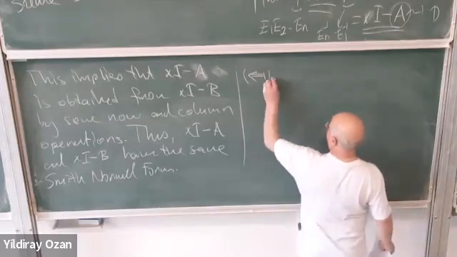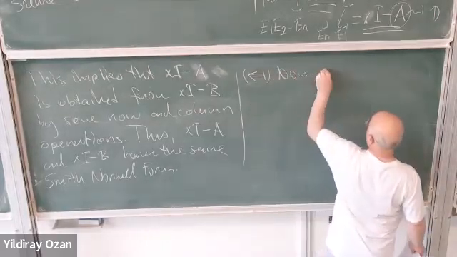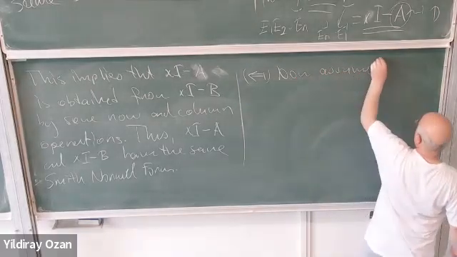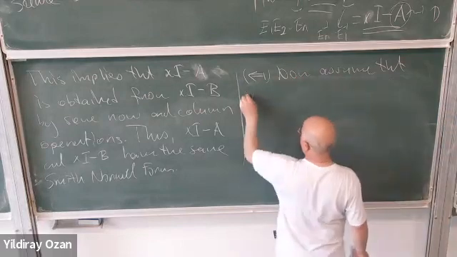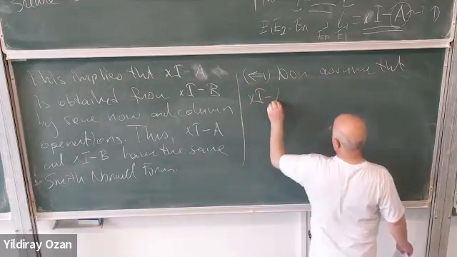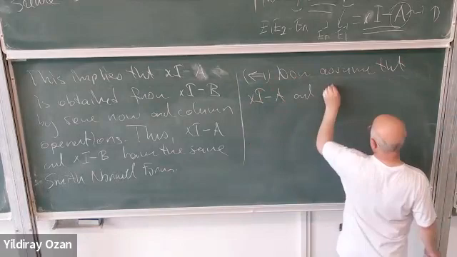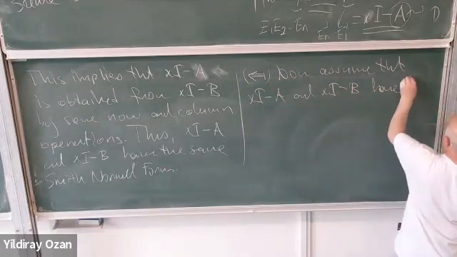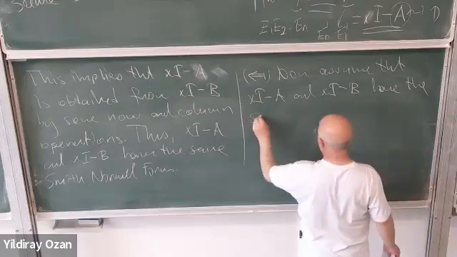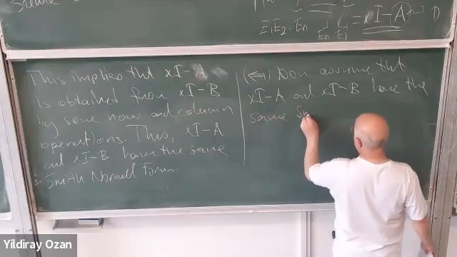Well, now assume that xI minus A and xI minus B have the same symmetric normal form.